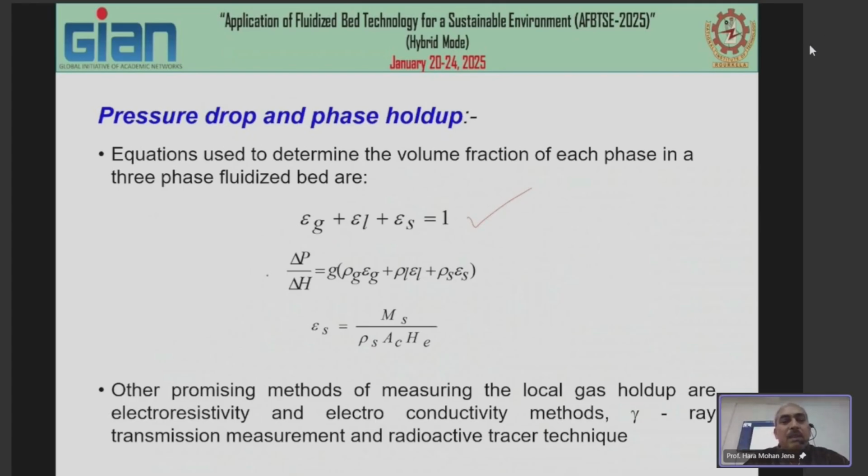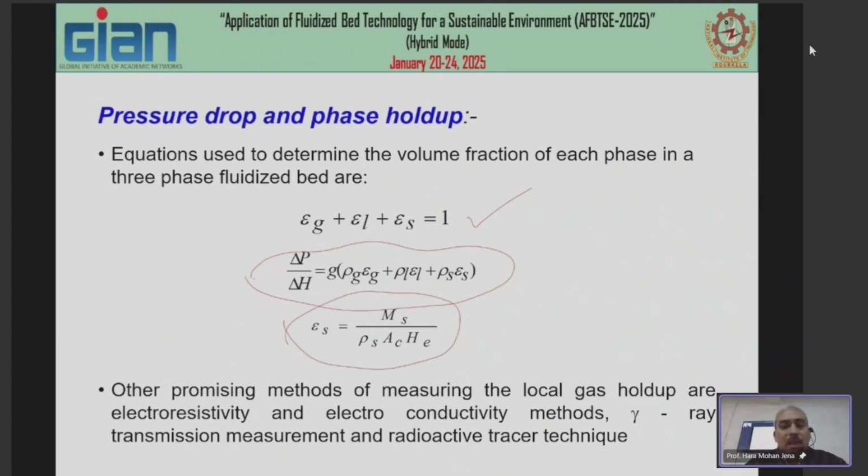Then the pressure gradient relation, this is delta P upon delta H, which is g times rho_G epsilon_G plus rho_L epsilon_L plus rho_S epsilon_S. And the solid fraction can be measured easily. If you have information of the amount of solid in the bed, that is the mass of the solid, then you can determine the solid fraction.